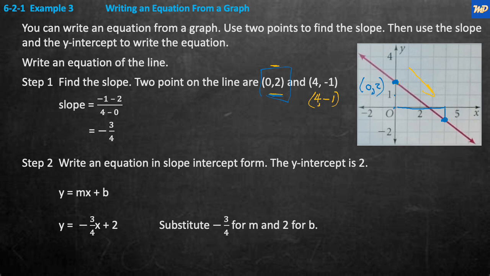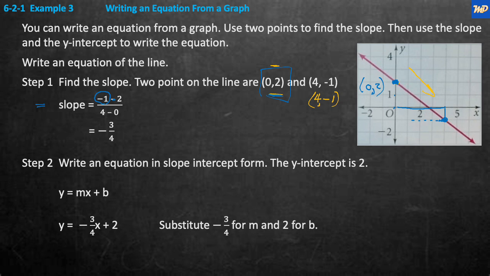Now here's the formula for slope. In our case, it's going to be equal to minus 1, the ending y position, minus the starting position for y, which was positive 2.